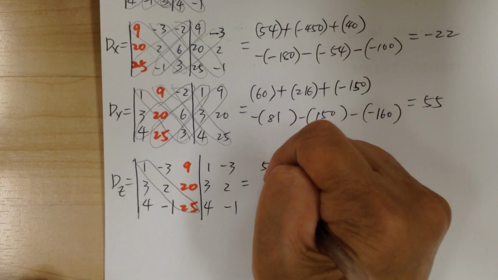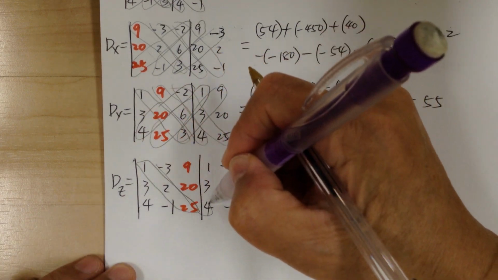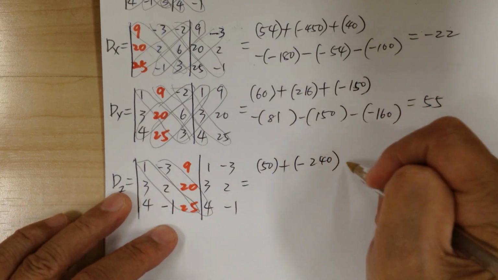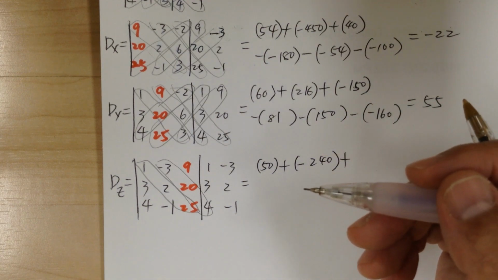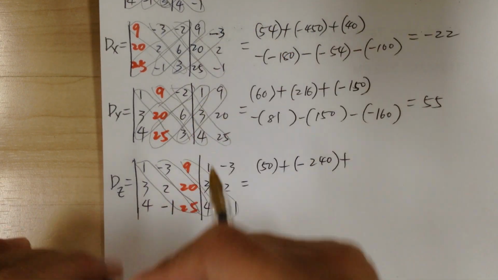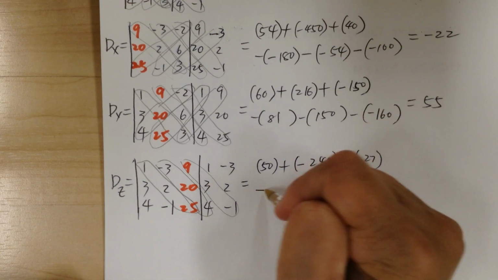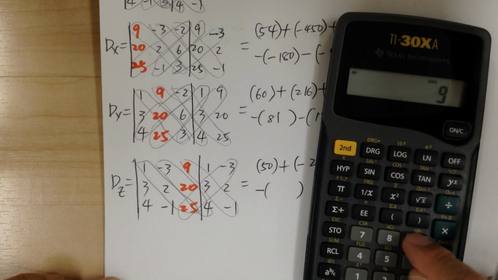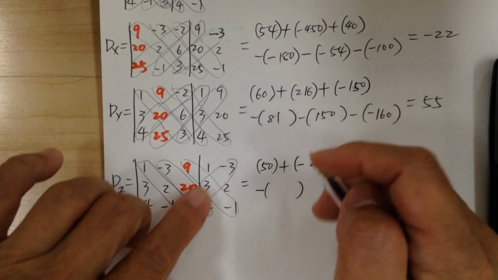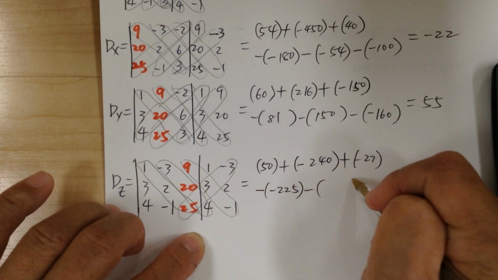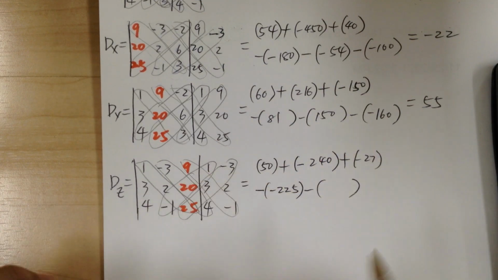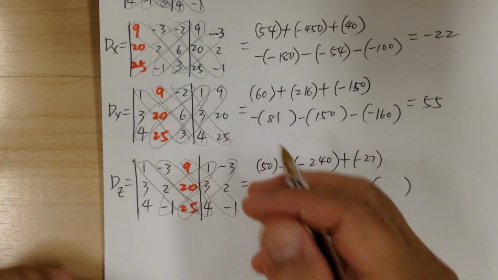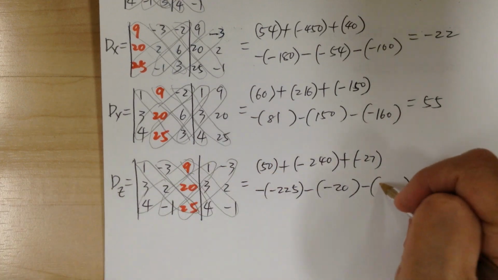Okay, so this will equal 50 plus negative 240 plus negative 27 minus, so this column right over here, okay, and it's a negative 225 minus the next column, negative 20, okay, minus the next column, 72.